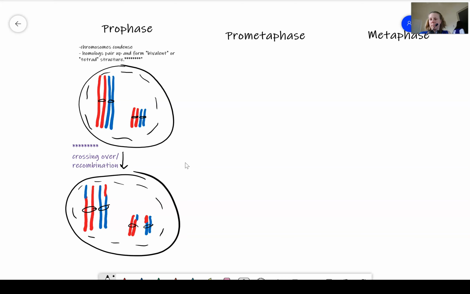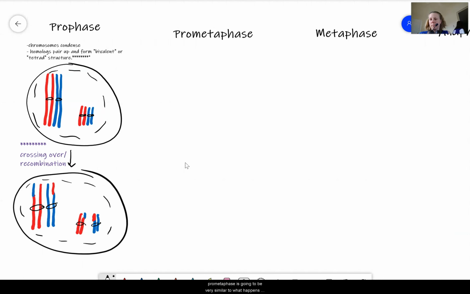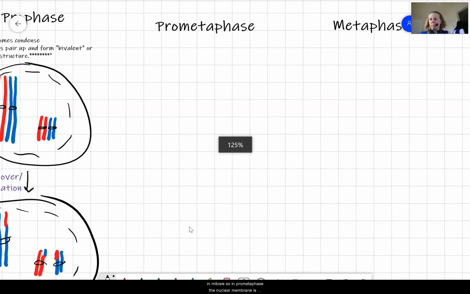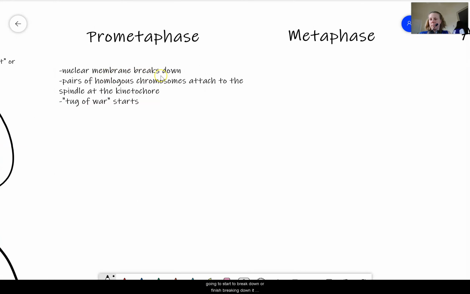All right, our next phase is going to be prometaphase. Prometaphase is very similar to what happens in mitosis. The nuclear membrane is going to start to break down or finish breaking down. It started a little bit in the prophase part. The pairs of homologous chromosomes are going to attach to the spindle at the kinetochore.